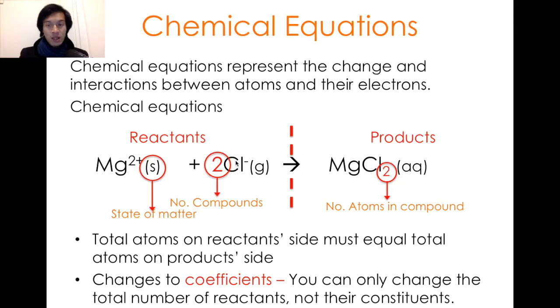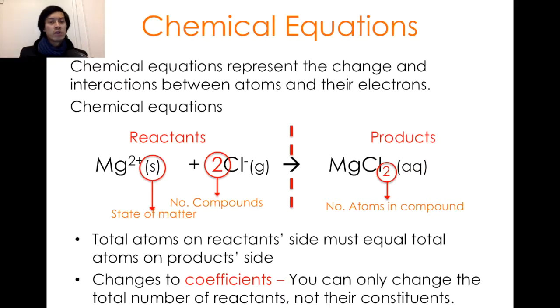Now, to get the numbers to become equal, you cannot just change any number you want. I can't just add a little 2 next to the chlorine here to make it balance. I have to only change the big number, what we call the coefficient, or the number of compounds present. The reason you can only change the number of compounds is because it's the total number of reactants going into the chemical reaction that can be modified, not the individual atoms or elements.